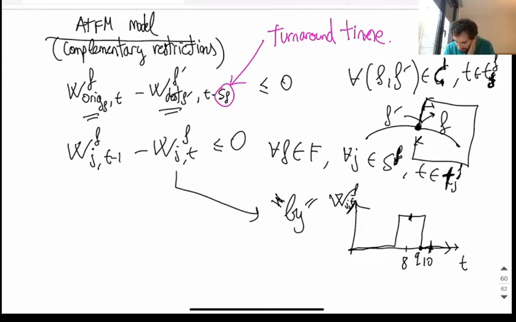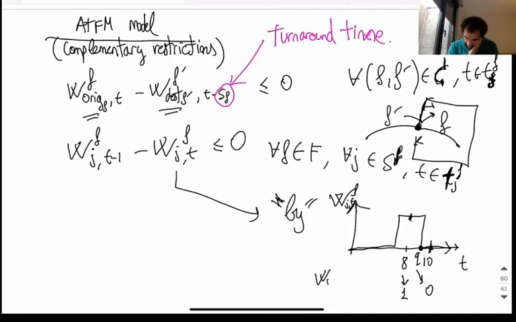At time instant 9 it is equal to 0, but at time instant 8 it is equal to 1.